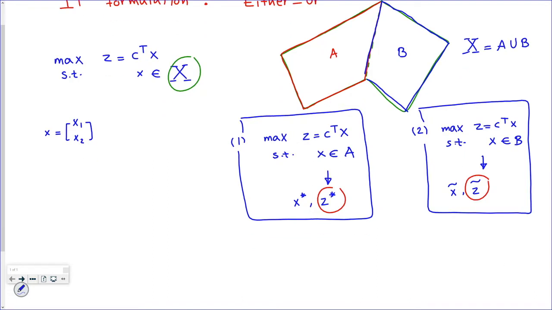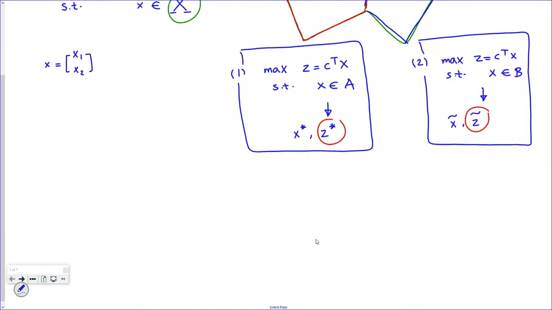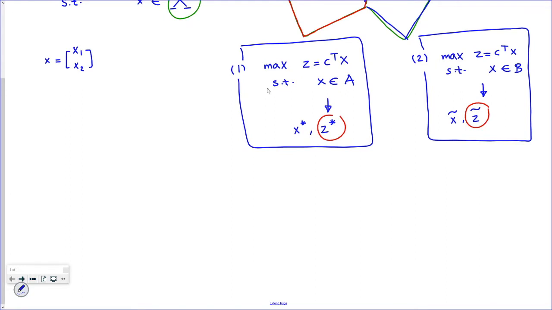In order to make it more clear, let's say, for example, I know that region A is defined by a set of linear constraints, something like 2x1 minus 3x2 greater than or equal to 5, something like 5x1 plus x2 less than or equal to 10. So I actually know the defining constraints of these two sets.